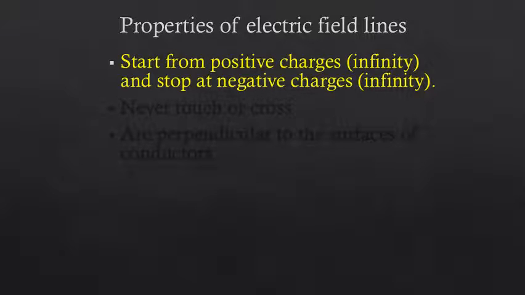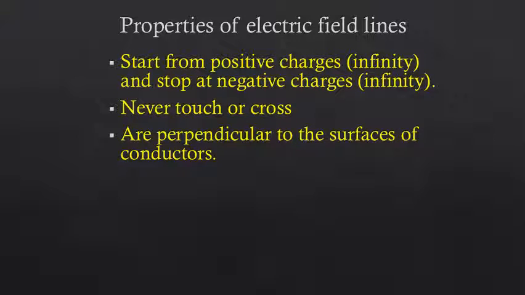So the electric field lines start from a positive charge and stop with negative charge. So the direction of the field goes from positive to negative. They never touch or cross, and they are perpendicular to the surface of conductors.